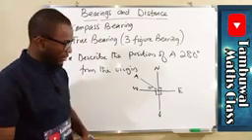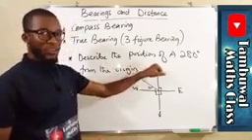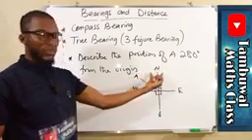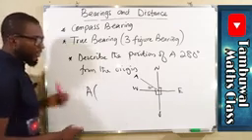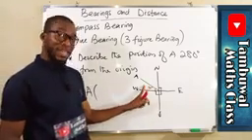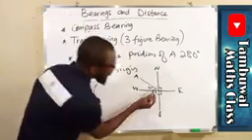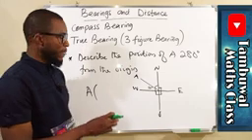But how can we name it? This A is very closer to N, which is the north, compared to south. So we have to consider the north. So the position of this A is what? It's not 10 degrees west to north. We have to find this angle because we have to measure from the north.